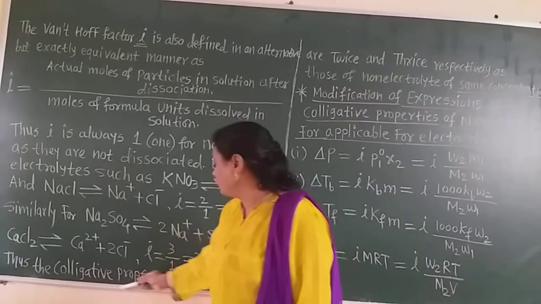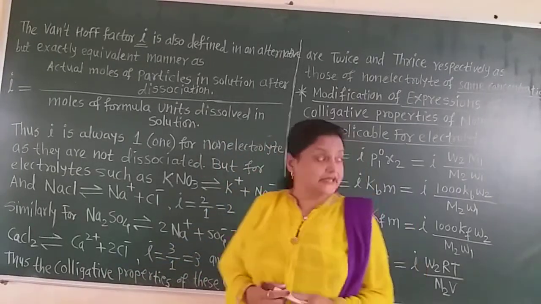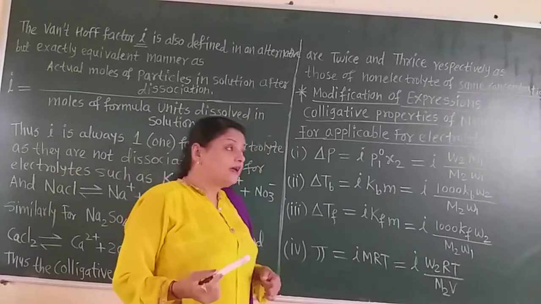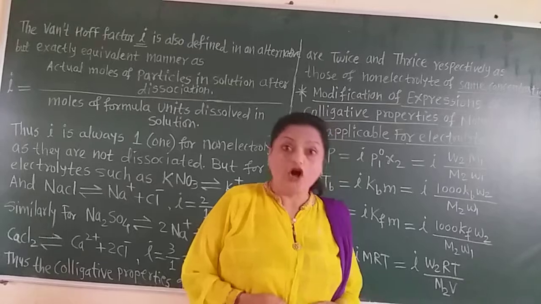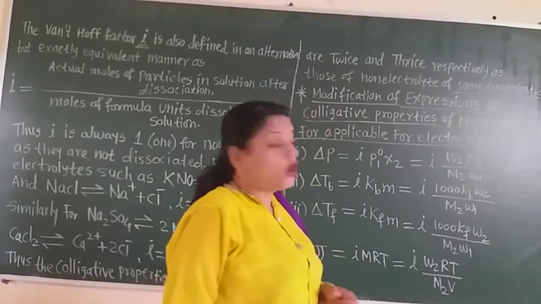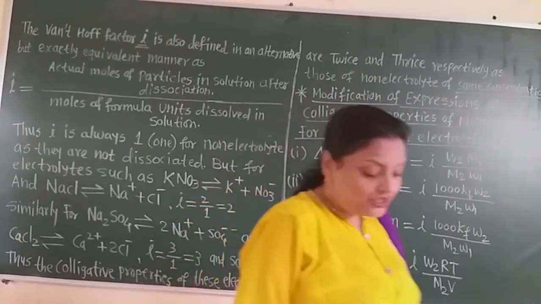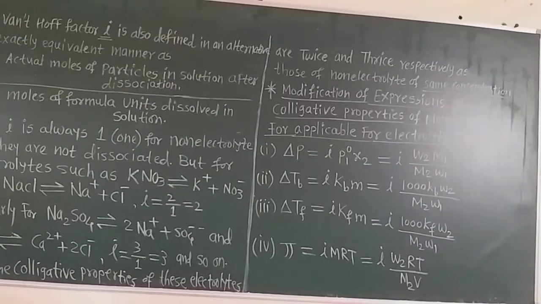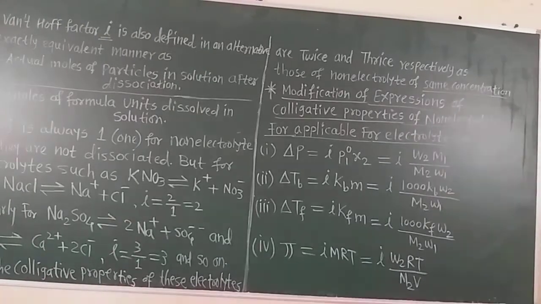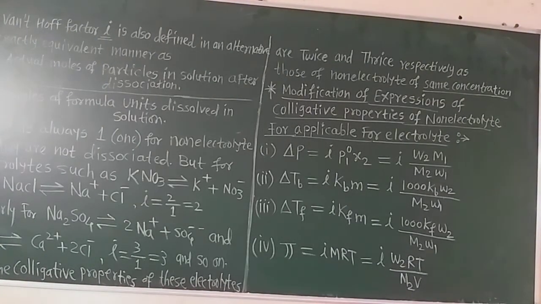Thus the colligative properties of these electrolytes are twice or thrice respectively those of the non-electrolyte of the same concentration, because they ionize into 2 and 3 ions, and therefore the value of i changes.